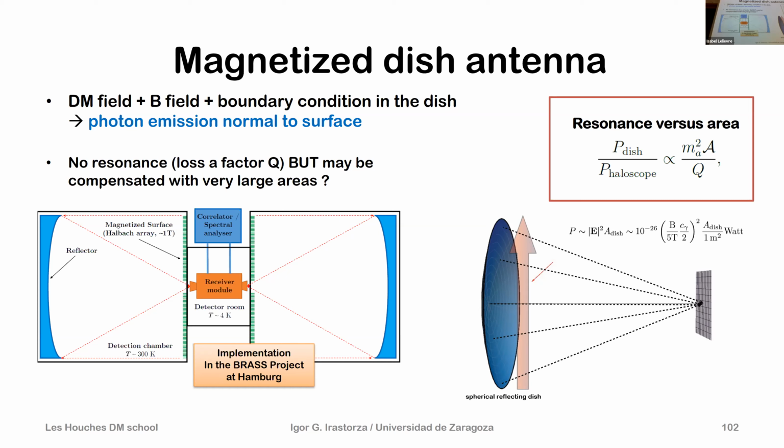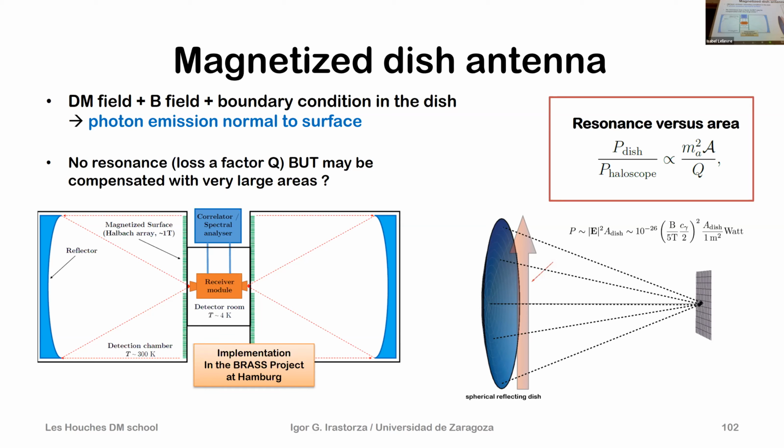And then if this surface is magnetized, so there's a magnetic field close to the surface, then in the background axion field from dark matter should induce an emission of electromagnetic waves or photons perpendicular to the surface.